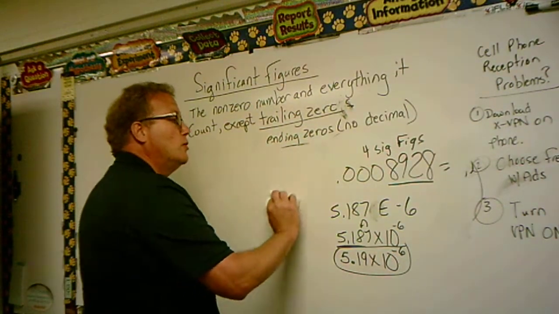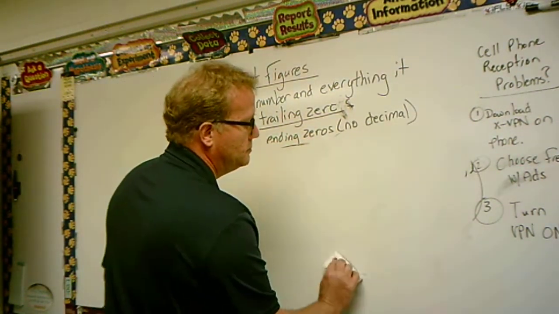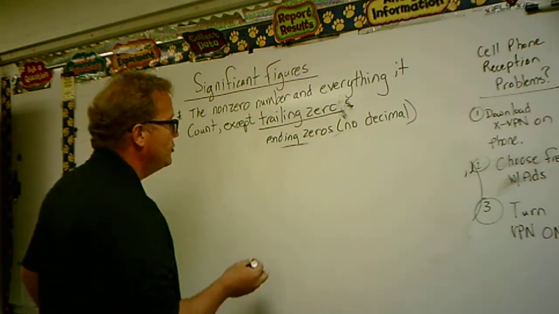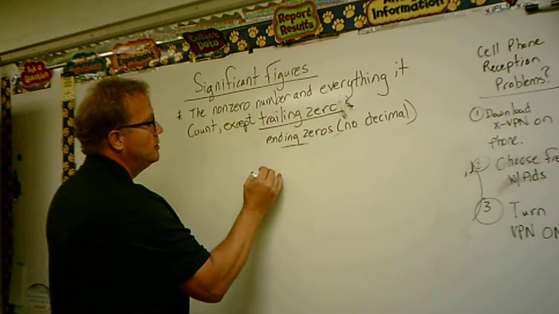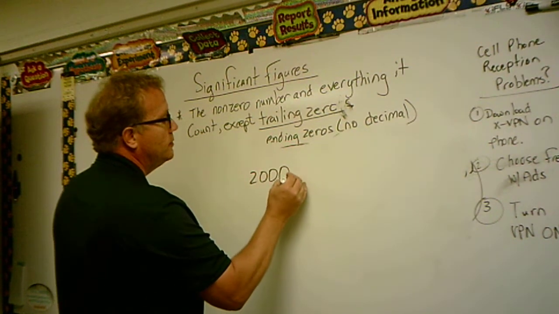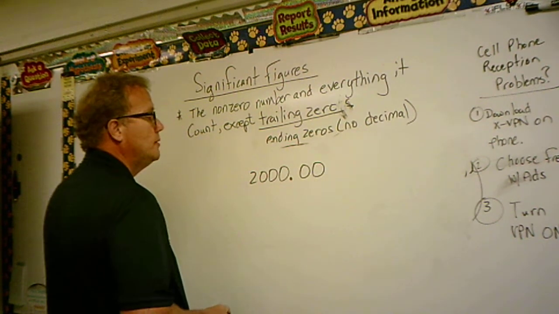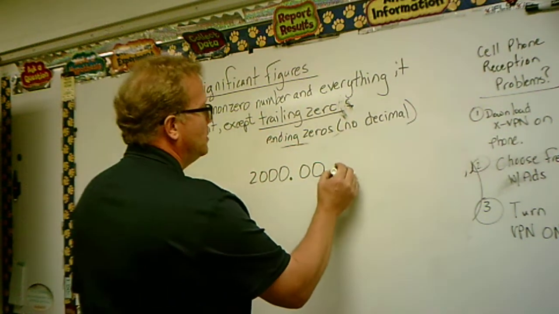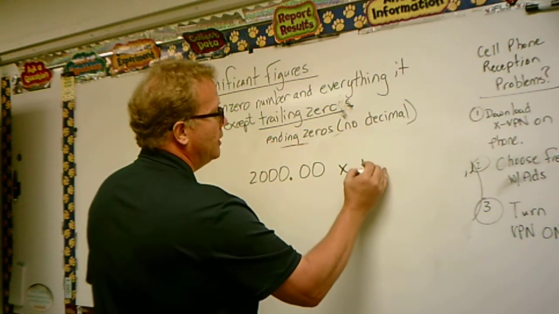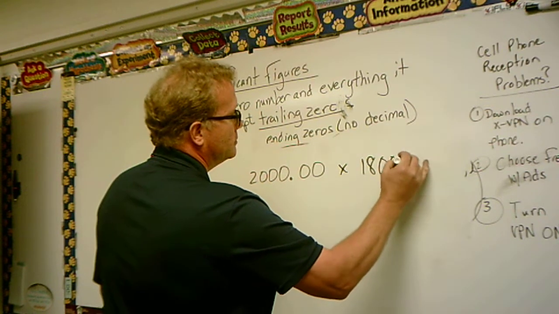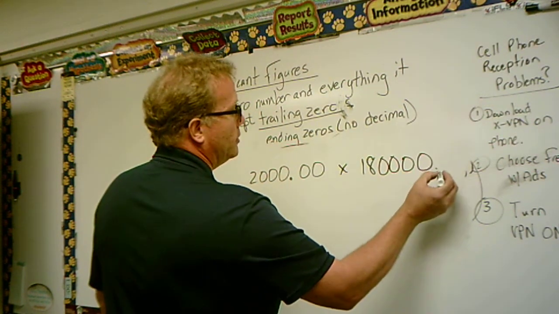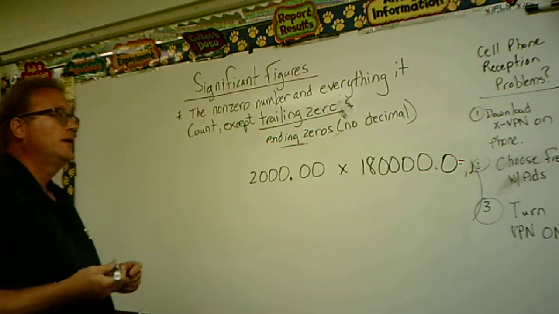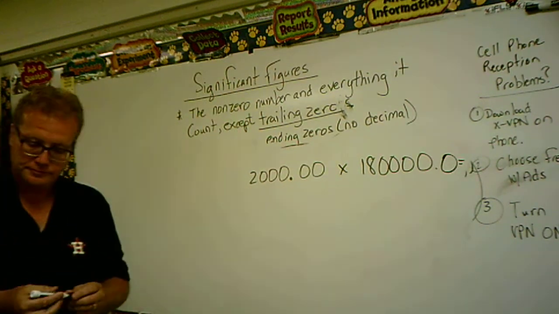Let's go one more. And I'm going to show you a variation of what you could do. So let's say I have this, times 18,000.0. And you have a number that looks like this.